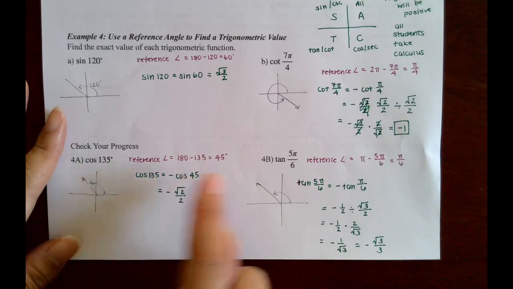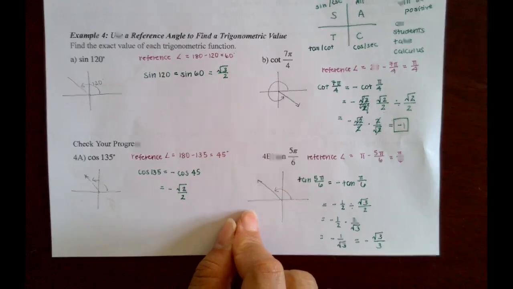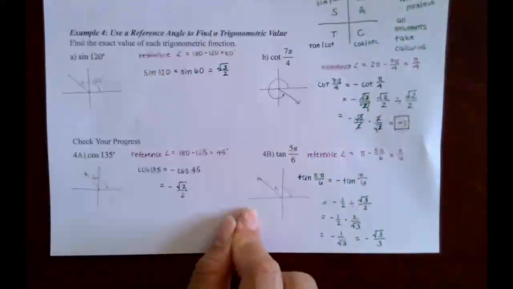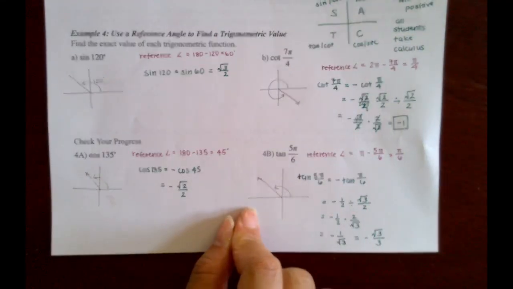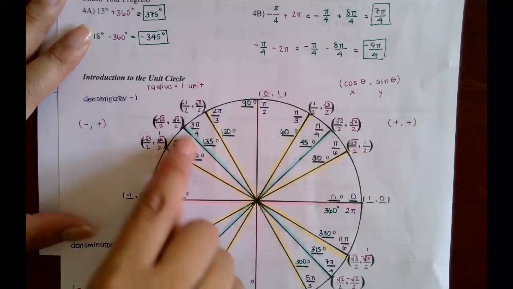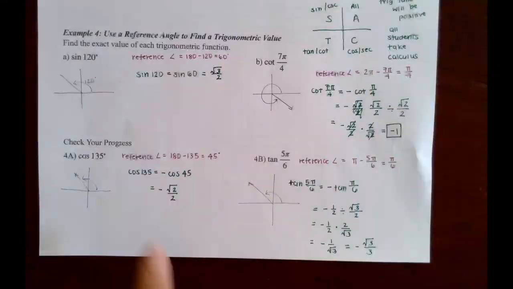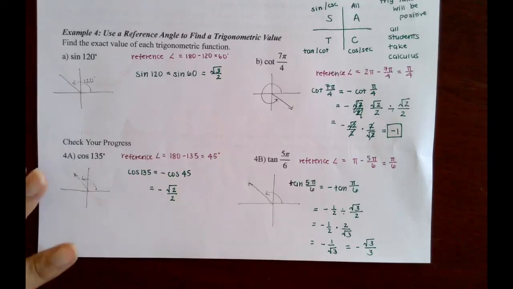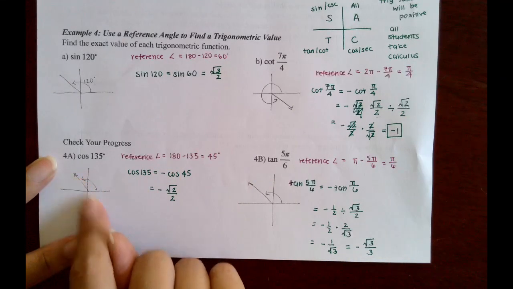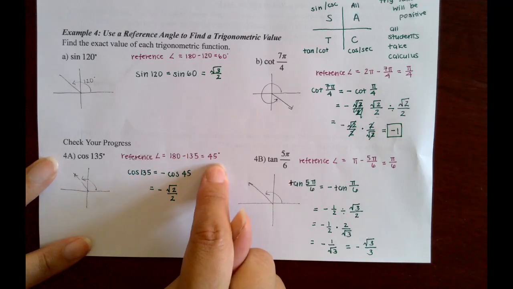Okay, so again, the book wants you to use the reference angle. If it didn't ask you to use that, you could just use the unit circle directly. So if we didn't have to use our reference angle, cosine 135, here's 135, cosine is x, it's negative square root of 2 over 2. However, since it wants you to use the reference angle, that's fine. So reference angle, 135 is in quadrant 2, so that's why it's 180 minus the angle, which gives me 45.